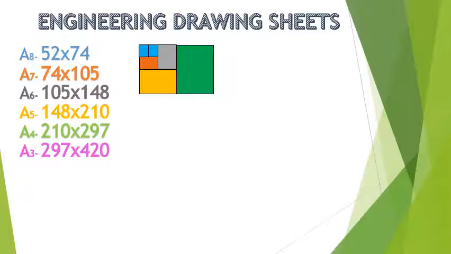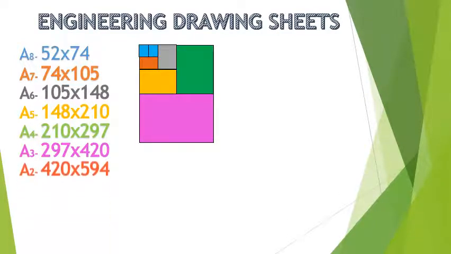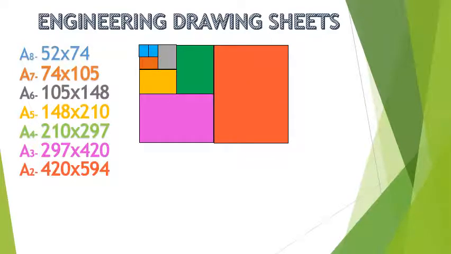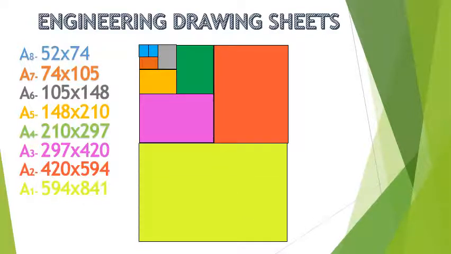Now we have A3. Two A4 sizes combine to form A3 size with size 297 by 420. Now we have A2 size 420 by 594. Now A1, 594 by 841.